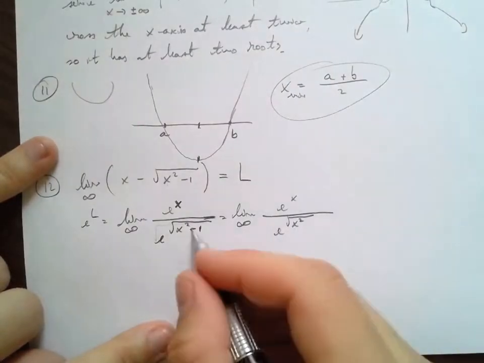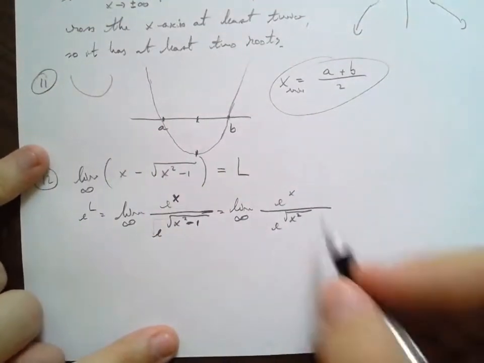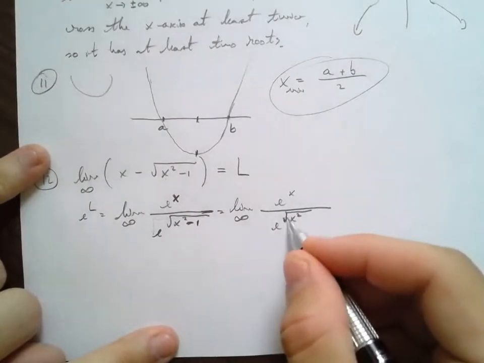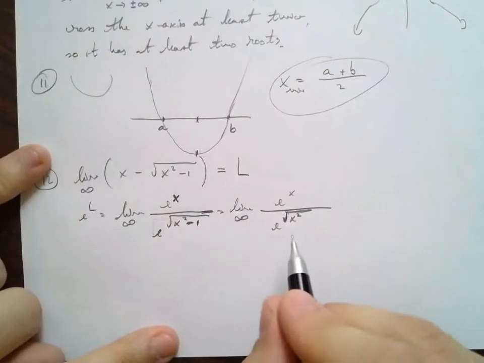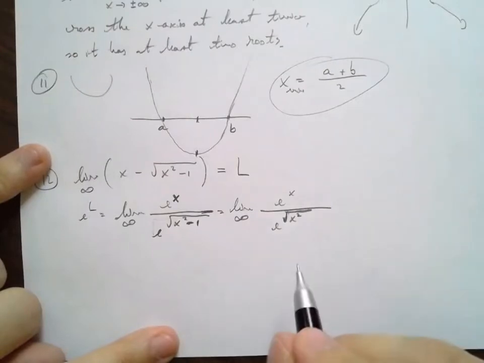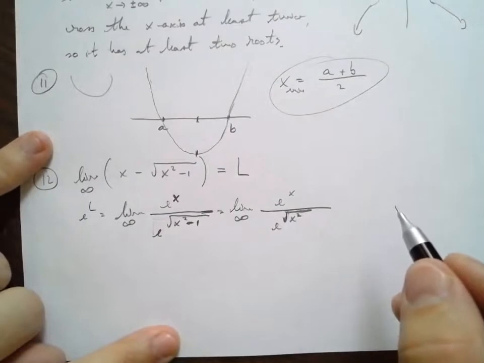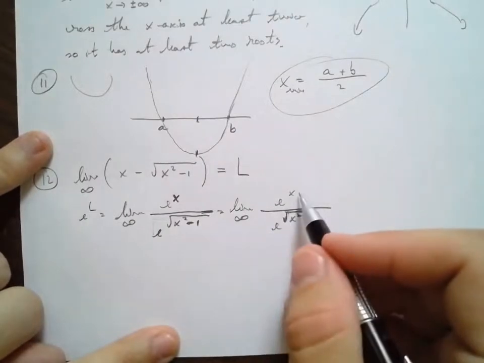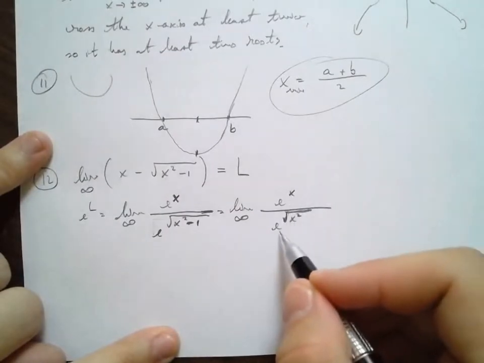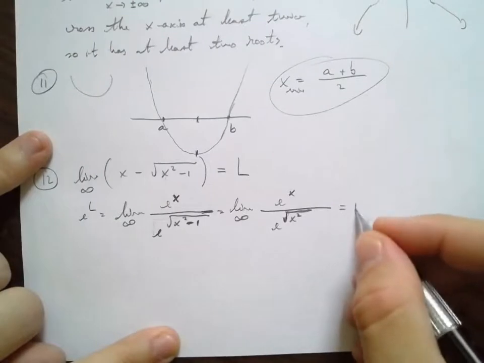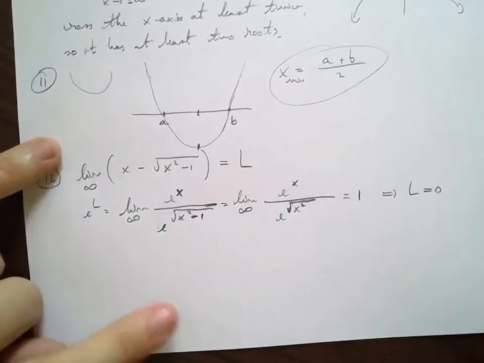Technically we would need to use L'Hopital's rule, but we haven't quite learned how to do that. This is just more of a challenge question and the way we think about these things. So I'm going to argue that this is the same as e to the x on the bottom, so this limit should be equal to 1, therefore L is equal to 0.